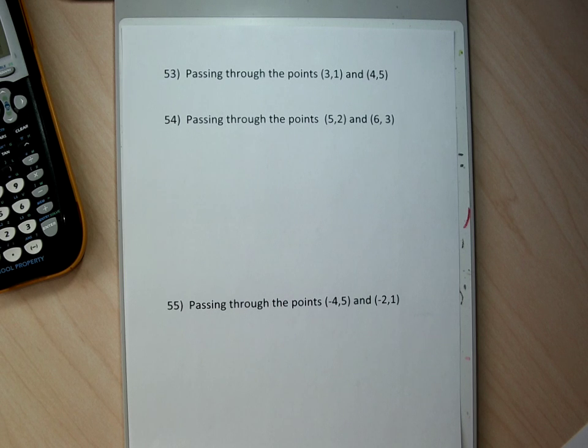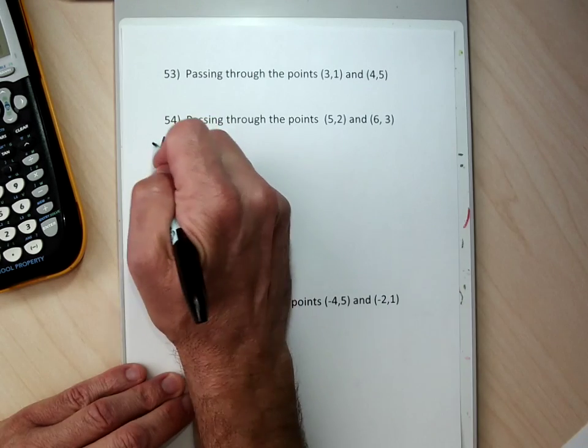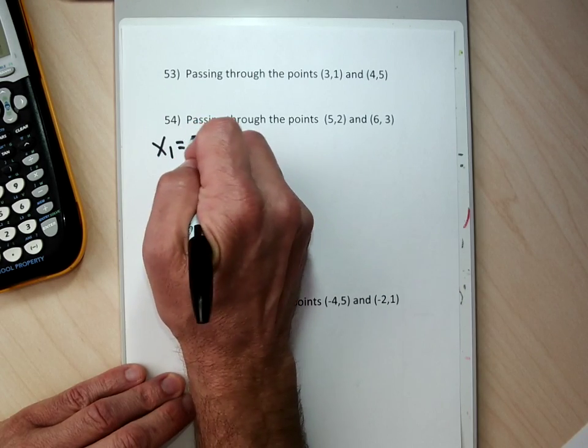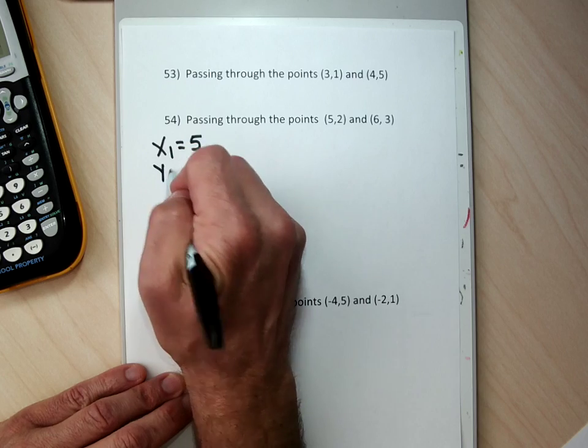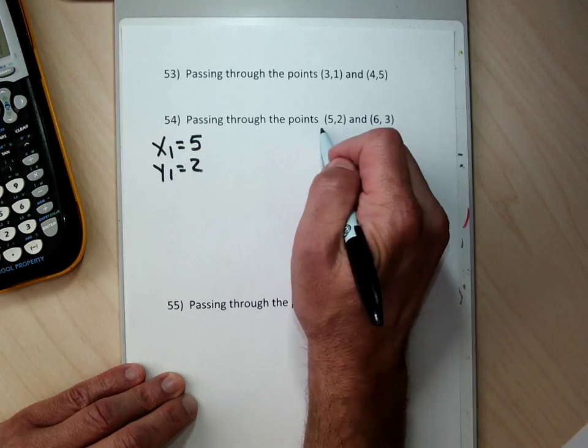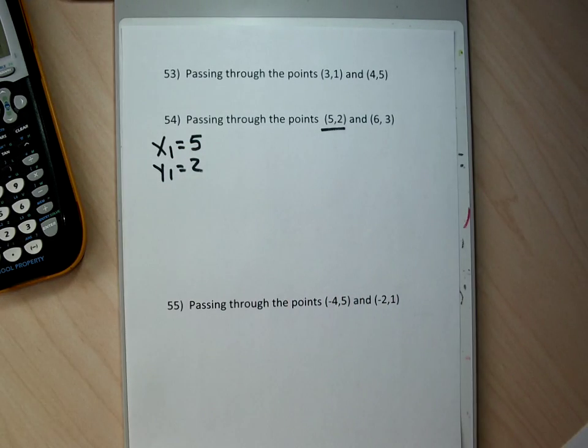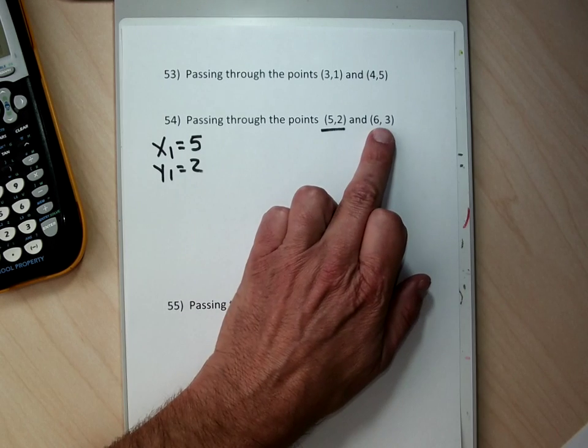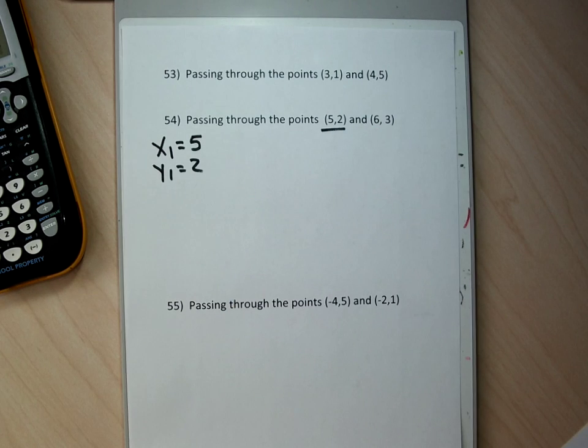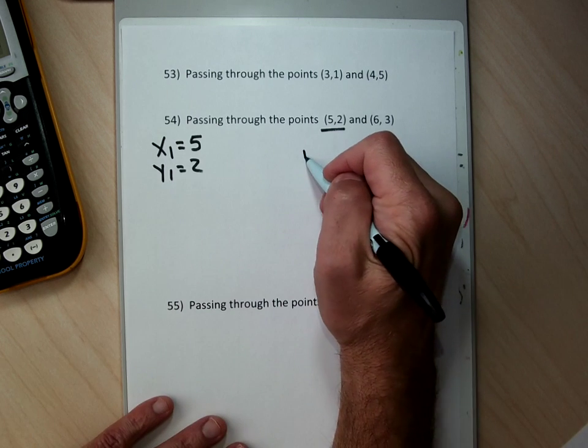To do 53, 54, 55, and 56, I have an x1 and a y1. x1 is 5 for me in 54. y1 is 2 because of the x and y coordinate of the first point. Turns out that if I used the second point for my x1 and y1, I'd still get the right answer. But just like the last few problems, I'm not given my slope. When you do problem 53 and when you do problem 55, you're going to have to do work to find your slope.